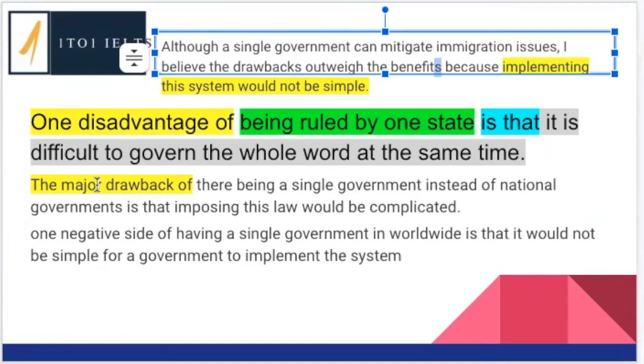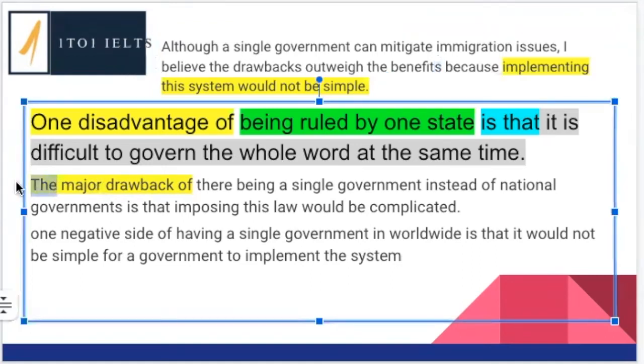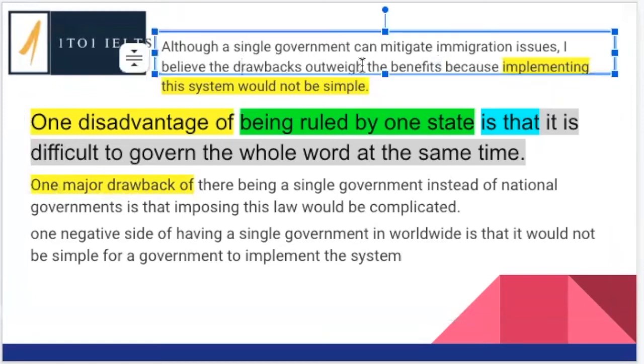So the word major is okay. The problem is the article. So it would be much better to say one. The one major drawback of, that indicates we're only talking about one, but there are others. So you're implying there are others, which goes back to this idea that the drawbacks outweigh the benefits. So one major one we're talking about is this one.